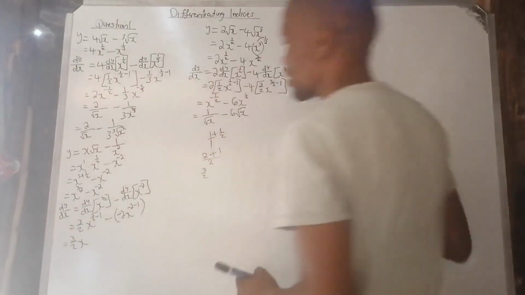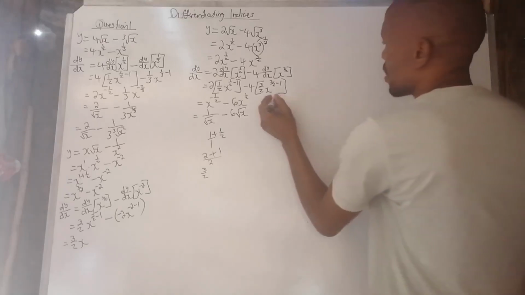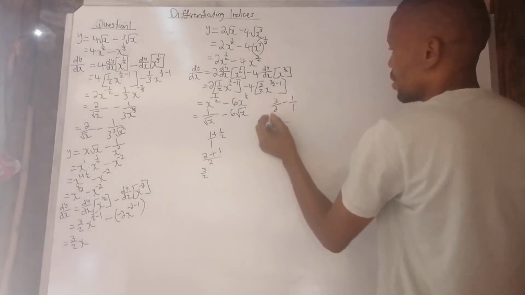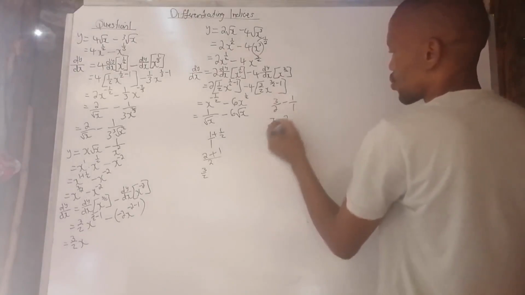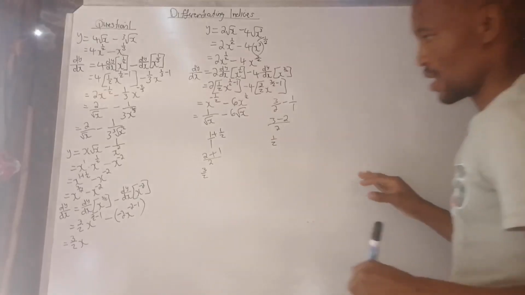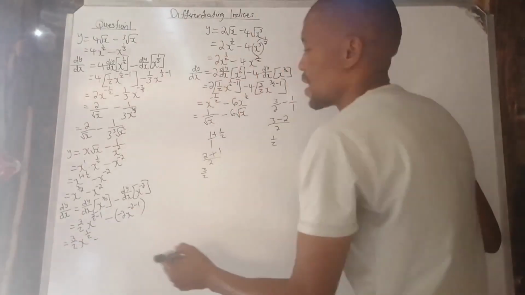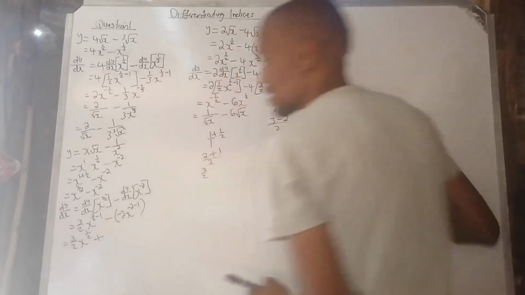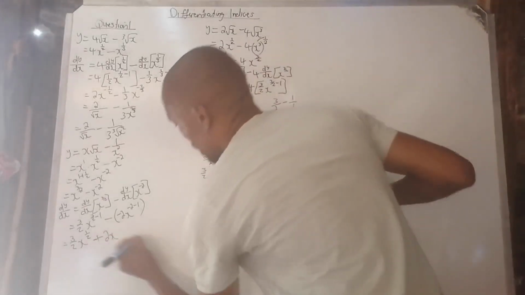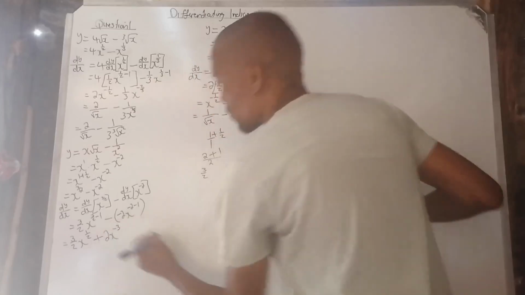And then this 3/2 x. What is 3/2 minus 1? 3/2 minus 1 over 1. 3 minus 2. The answer is 1/2. So I'm having exponent 1/2. Negative times negative is a positive. And then you have your 2 x, minus 2 minus 1 is minus 3.